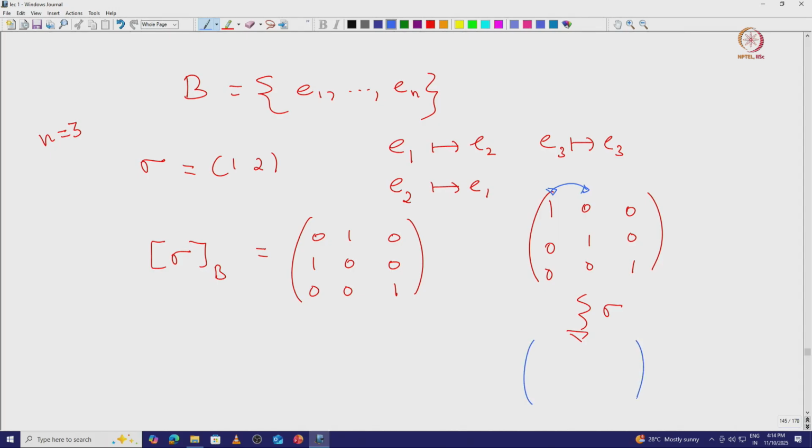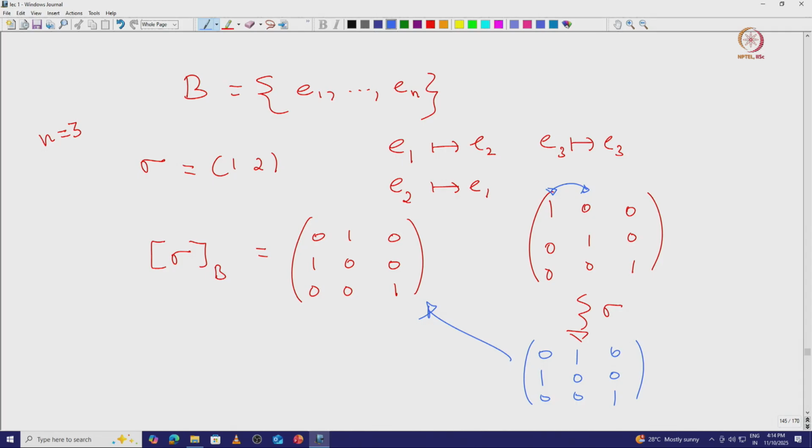So, the resulting matrix is just 0 1 0, 1 0 0, 0 0 1, which is exactly obtained by applying phi standard sigma. So, this is how all these permutation matrices are obtained.